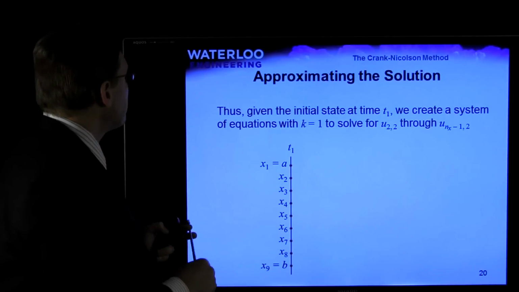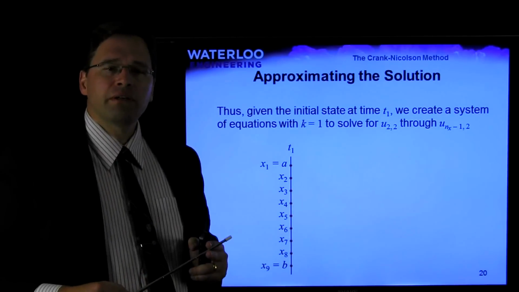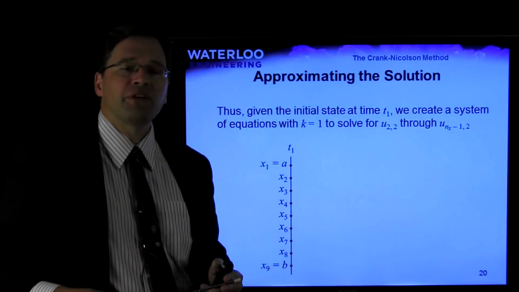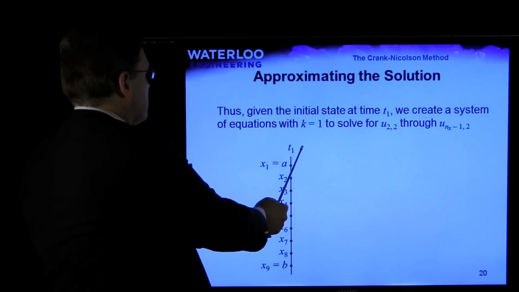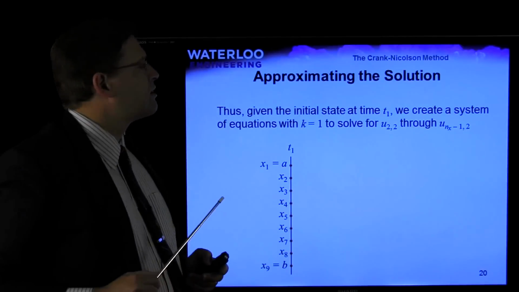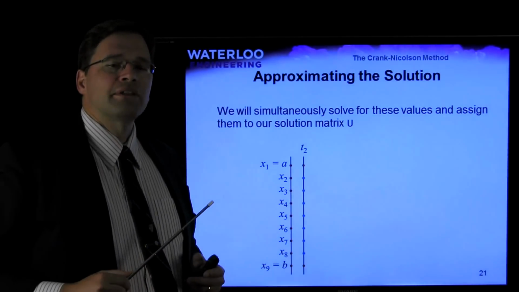Now, given an initial state at time t1, all we have to do is create a system with the appropriate number of equations at time t2, and then solve for the unknown points.